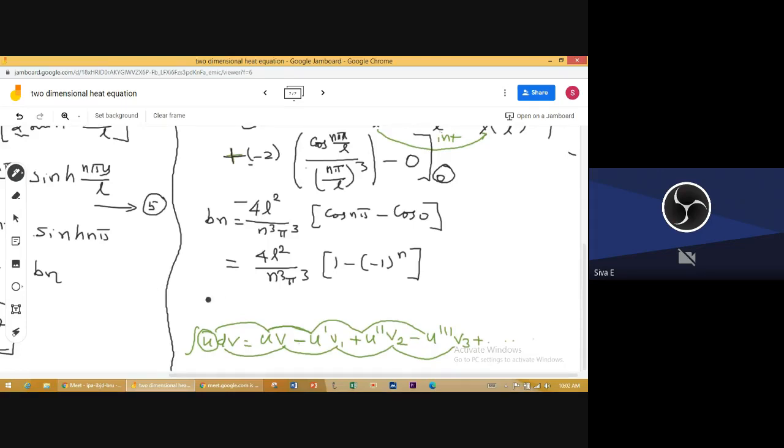Here bn equal to 0 when n is odd or even? Try that.